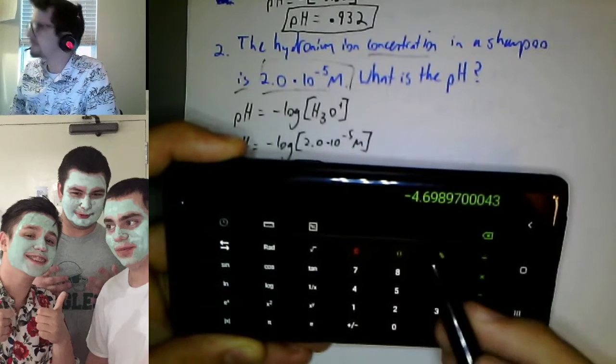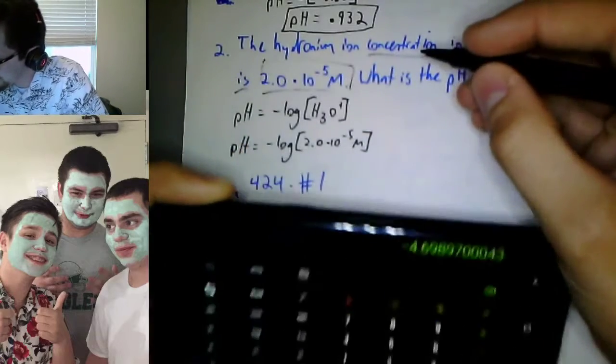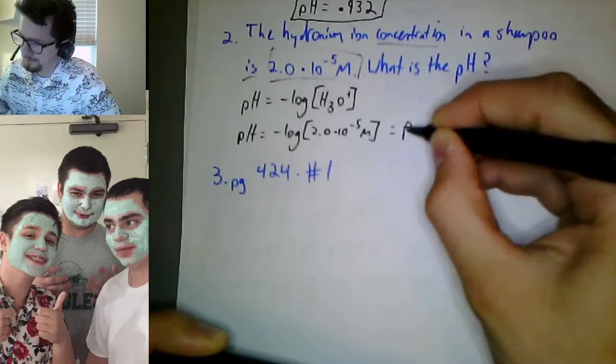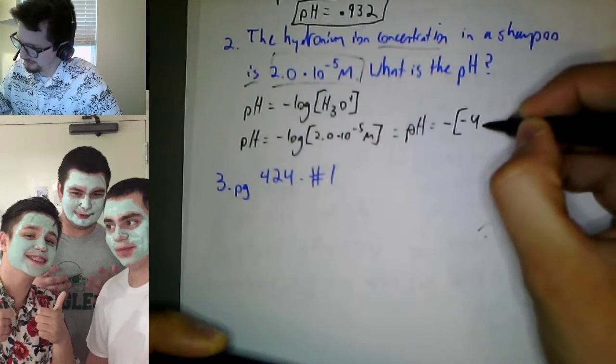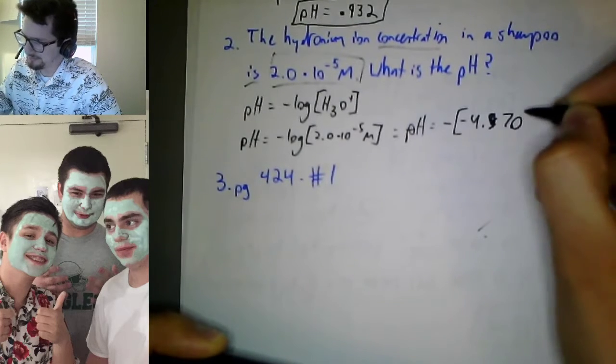That gives me negative 4.70, let's say. Negative 4.70. So that's pH equals negative 4.70.